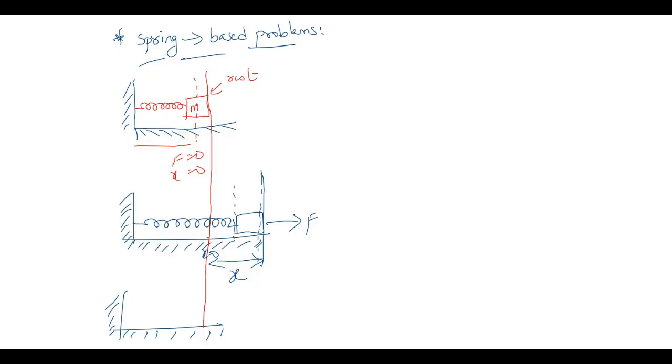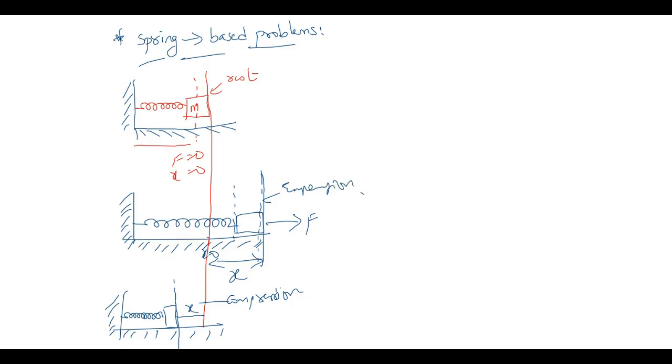Now what we did here, instead of stretching, we compressed the spring, and now this one we call it as x distance. We have compressed it. Okay, now this is compression, this is expansion, right?